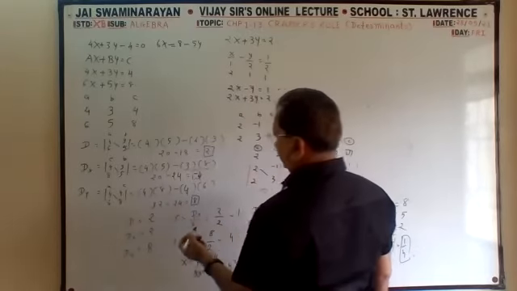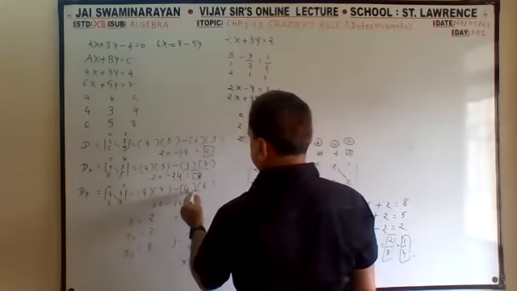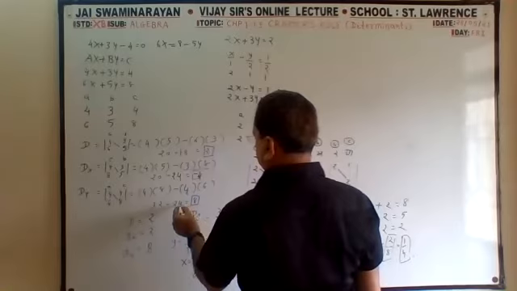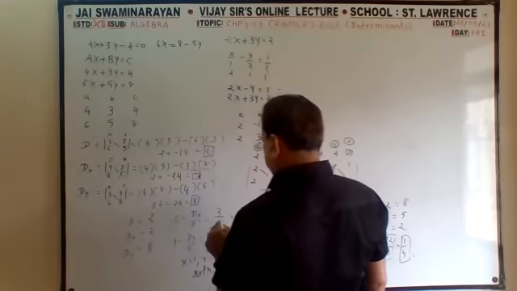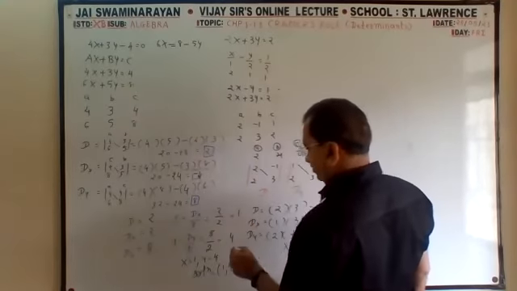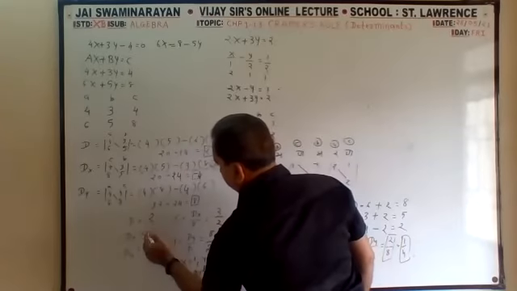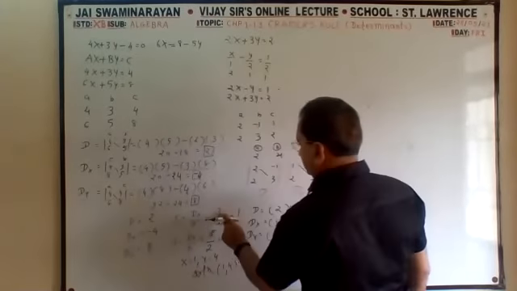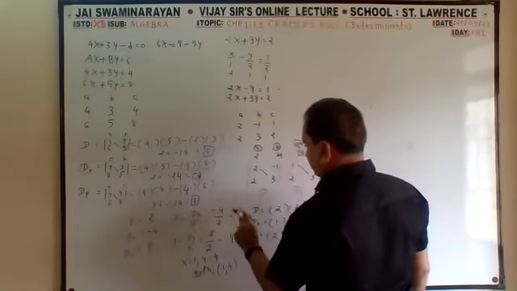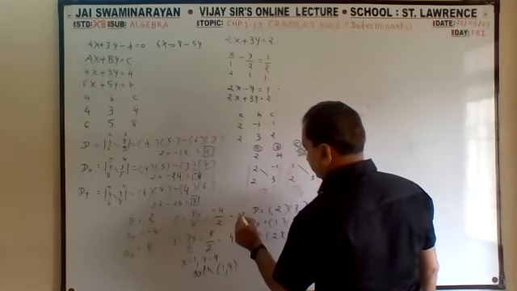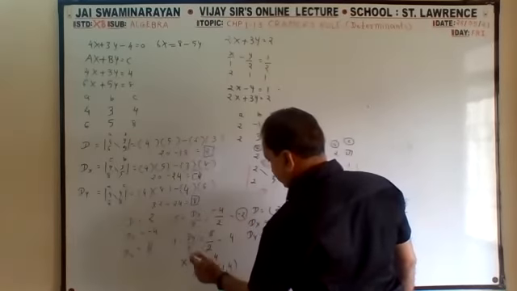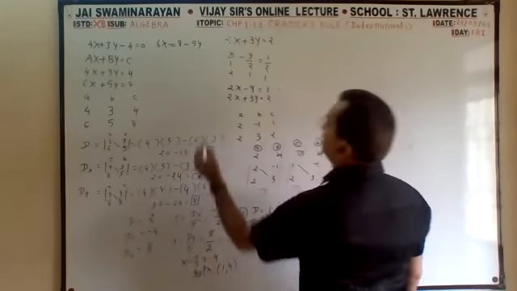See, there is a possibility of a second mistake. So this minus 4 we have to apply. Minus 4, so it becomes minus 2. This becomes minus 2.